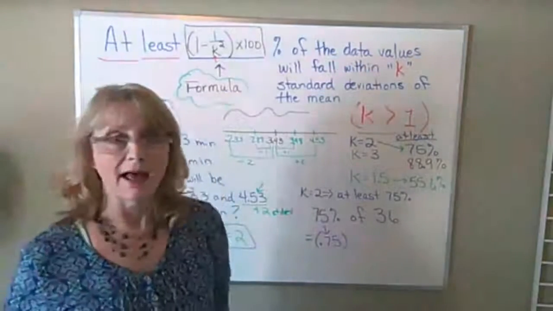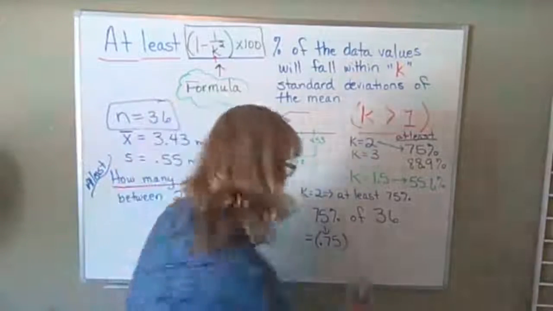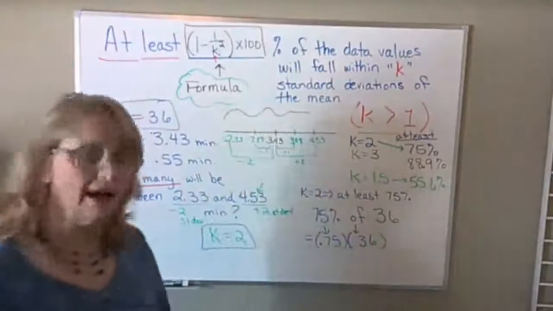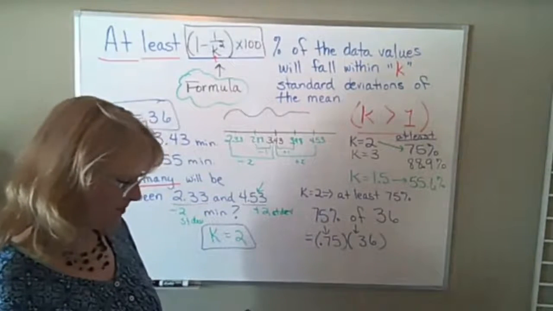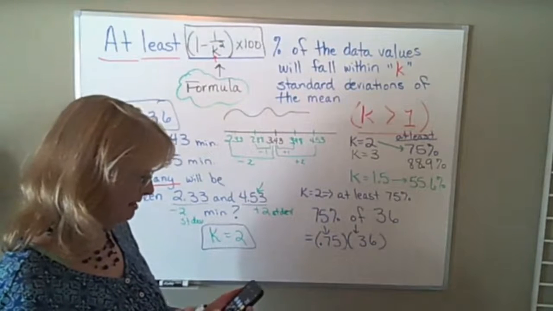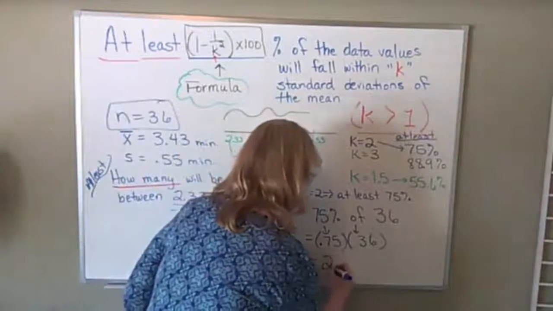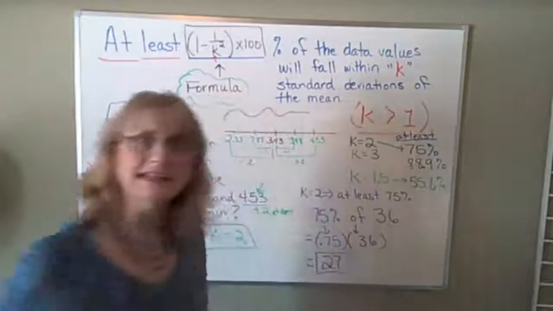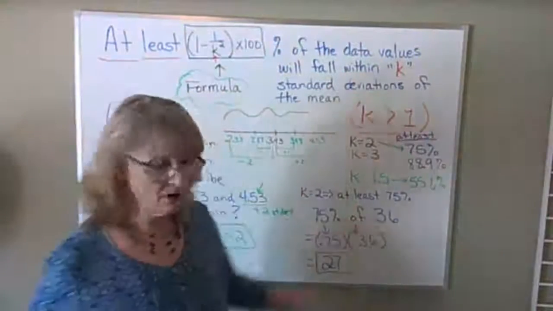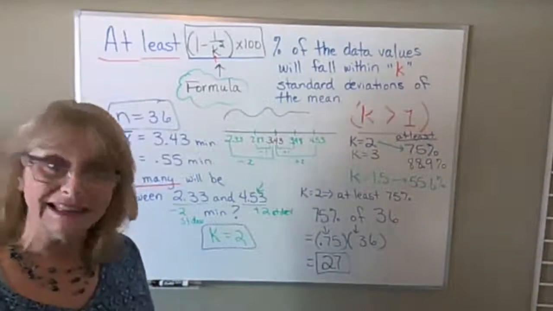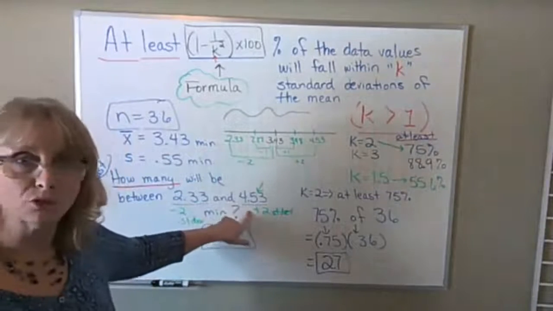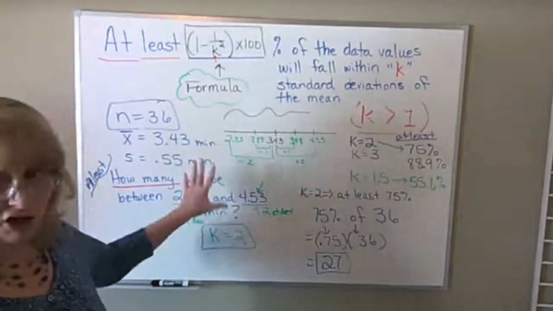The word of in math almost always means multiply. So we multiply that times 36. 0.75 times 36 gives me 27. That's 75% of the 36 in the sample. 27 of them would last between 2.33 and 4.53 minutes, according to Chebyshev's theorem.